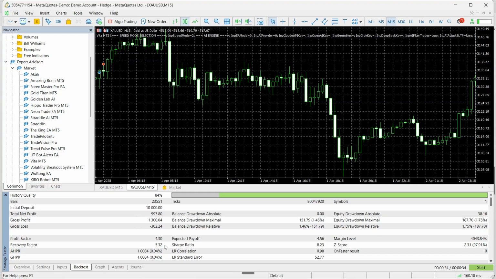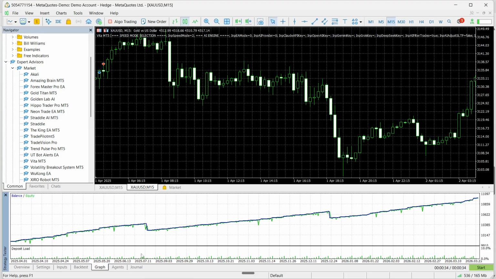The profit factor was 4.30, the recovery factor 5.32, and the drawdown was just 1.46%. All right, so this type of equity curve is encouraging because the growth is gradual and drawdown stays small. It suggests the Confluence filters and risk settings used in the test were relatively conservative.